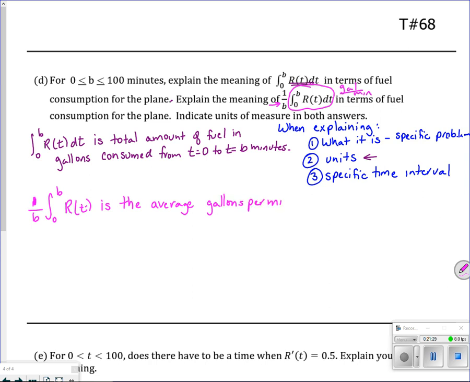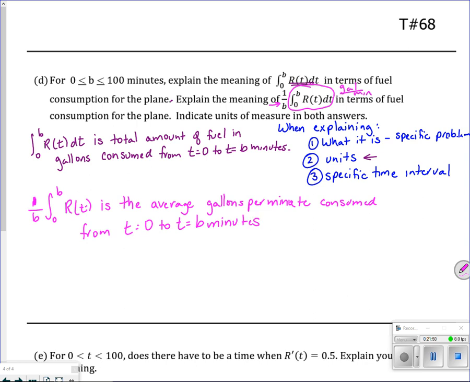There are my units. The average gallons per minute consumed from T equals 0 to T equals B minutes.